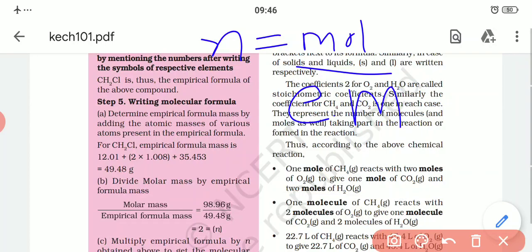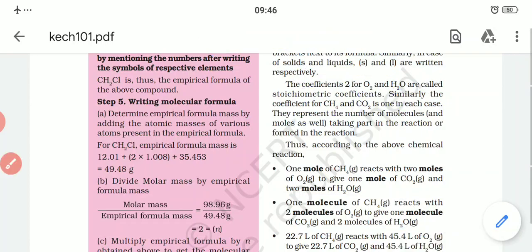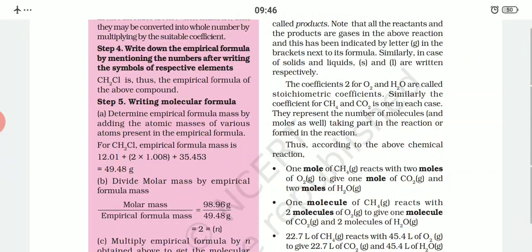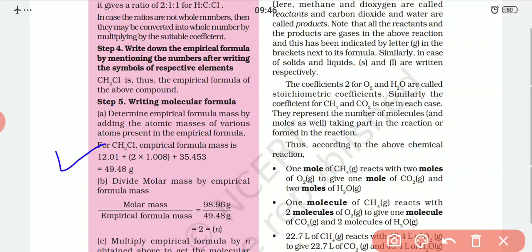Remember this. For the empirical mass: 1 carbon, so 12.01, plus 2 hydrogen, 2 into 1.008, plus 1 Cl, 35.453, I get 49.48. So this one is my empirical mass.